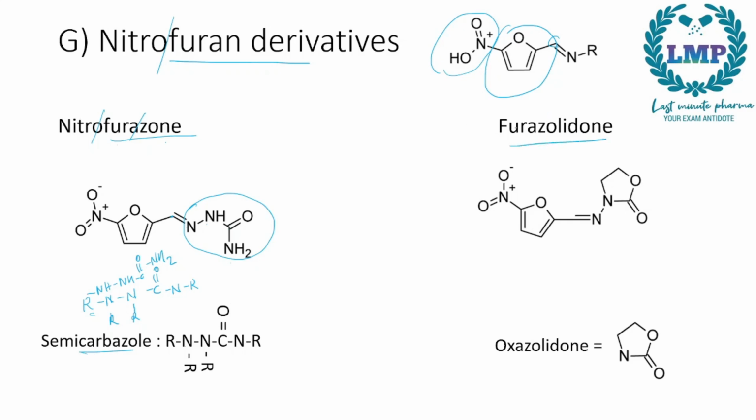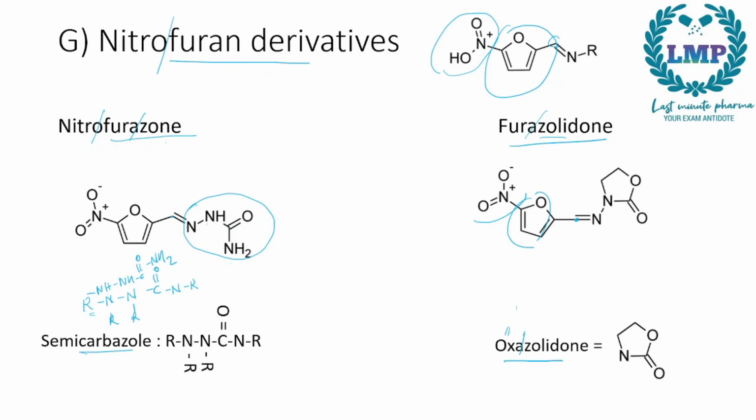So what is fura? In furazolidone we will have either nitro or fura in the name. So here we have fura. Since it's a nitrofuran derivative, we will have a nitro, then a furan, then a carbon which is attached to a nitrogen in double bond, and then some R group. Furazolidone, zolidone would be from the word oxazolidone. Oxazolidone is a five-membered ring with nitrogen.